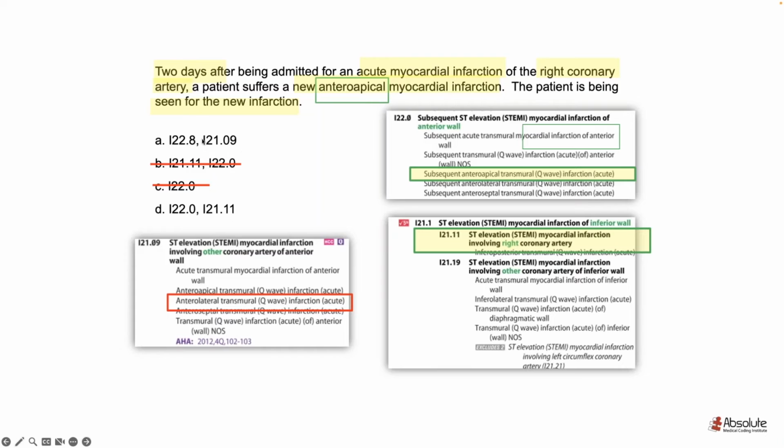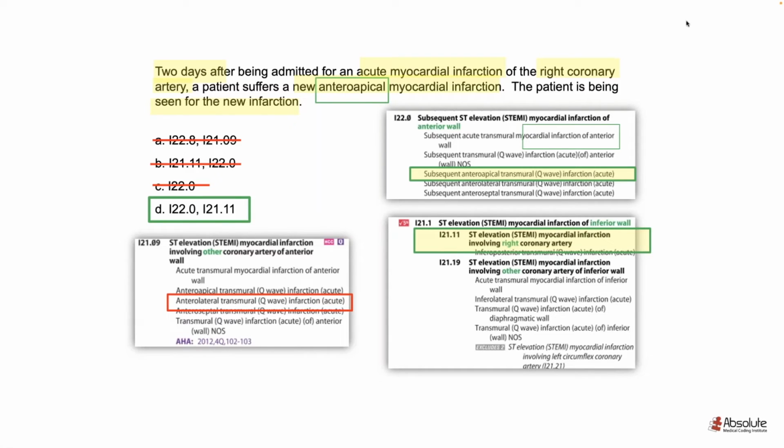All right. So they are sequencing it wrong. This is coding for the anterolateral first, like that's the one that happened first, and the right coronary was second. But in our case, we are here today to code for the anterolateral, the recurring one.